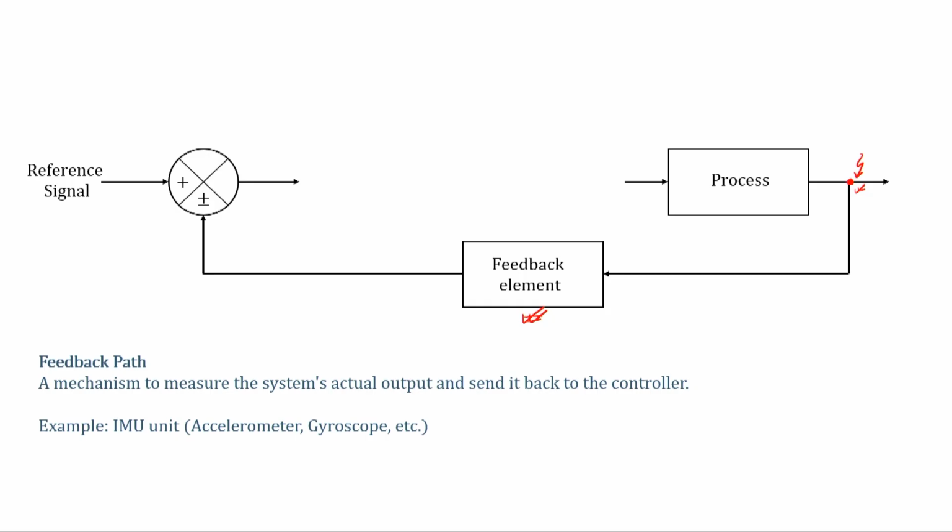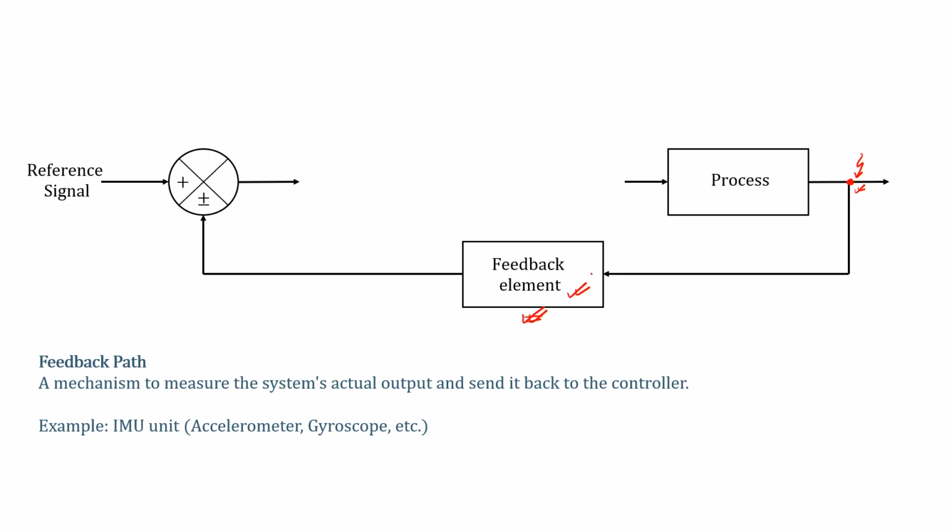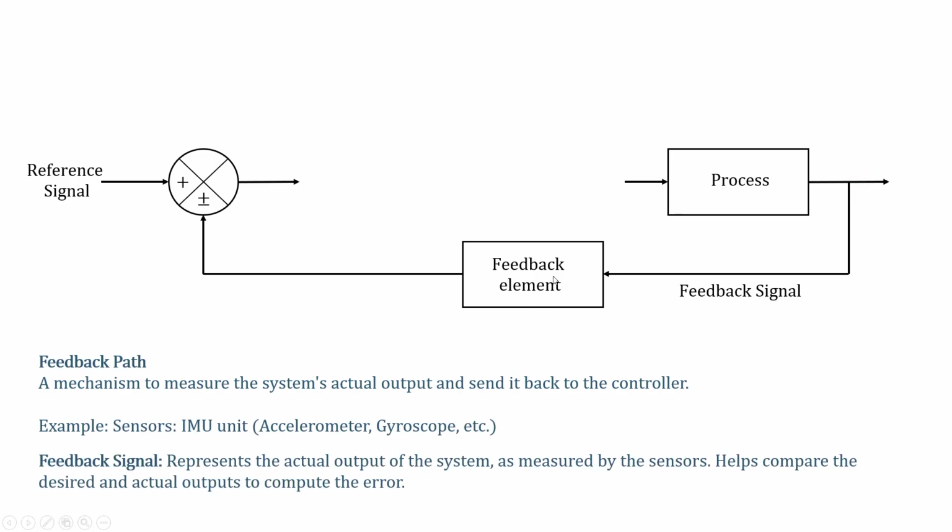A barometer will give us height, we know that. Using that sensor, we can figure out the height of the quadrotor from the ground. So that is your feedback element here. So the sensors are generally your feedback elements, and the signal that is coming out and getting inside the feedback element is the feedback signal.